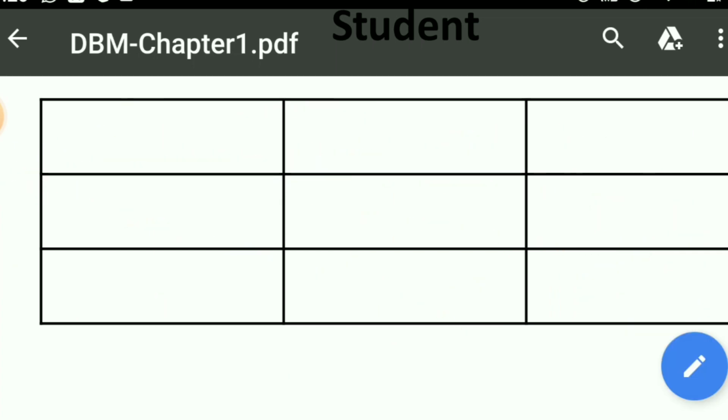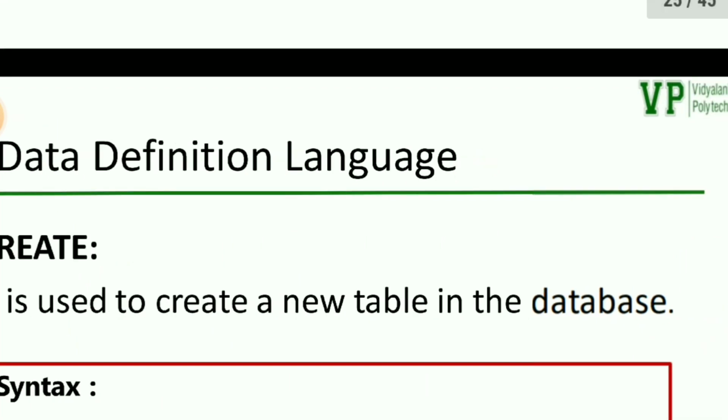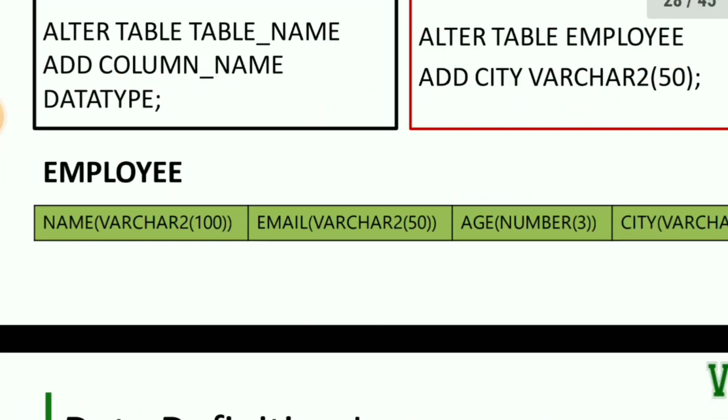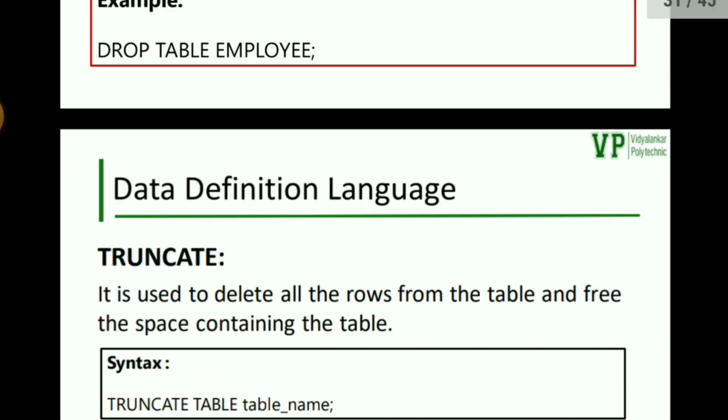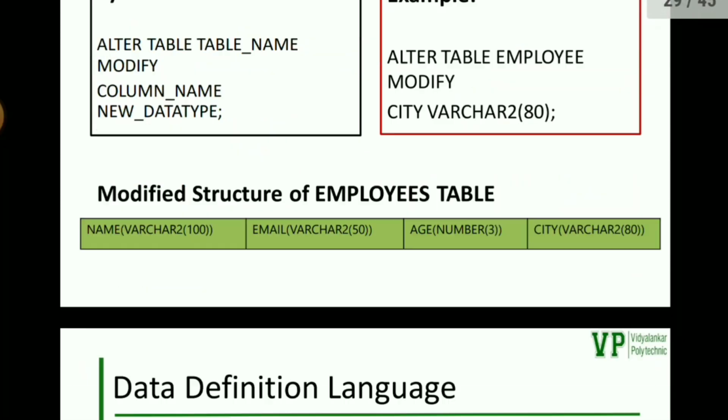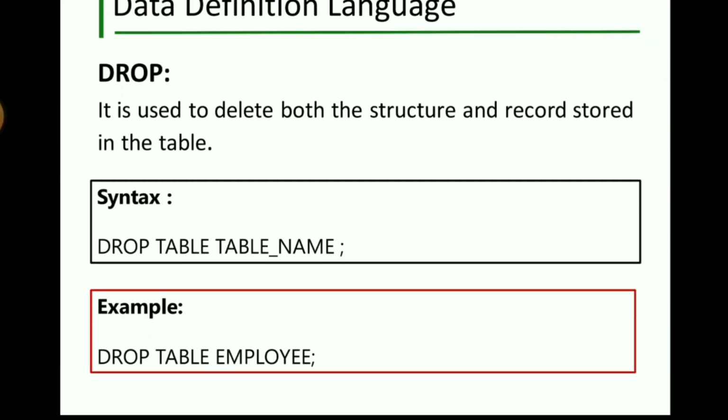The structure is present and it holds memory. So if you delete the structure, then the memory space will also get reduced. The syntax for drop table is drop table, table name.